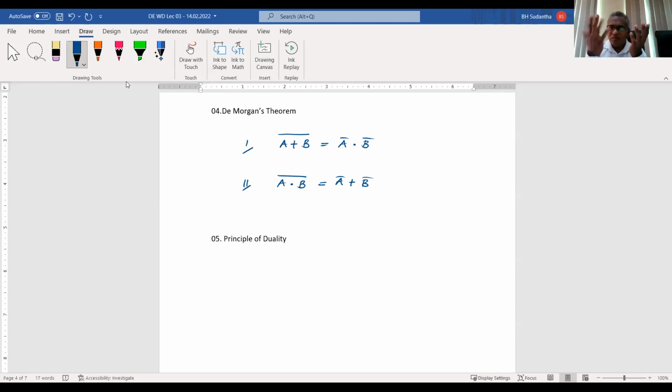It's like a coin that has 2 faces; when you have one equation, it has 2 faces. If you have one face, you can obtain the other face by replacing zeros of that equation with 1, ones with 0, and plus with dot, dot with plus, meaning OR to AND, AND to OR.